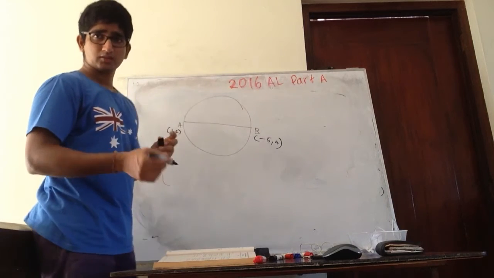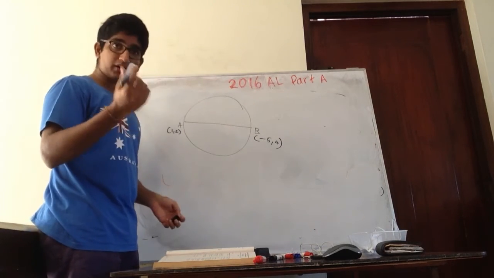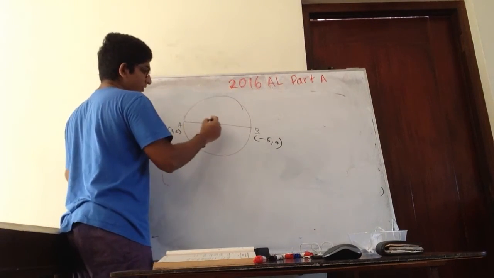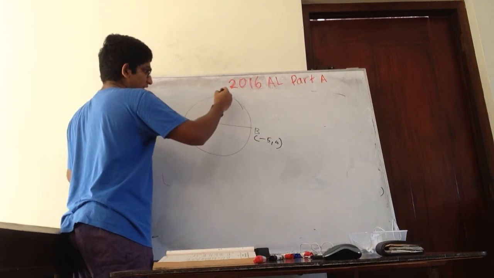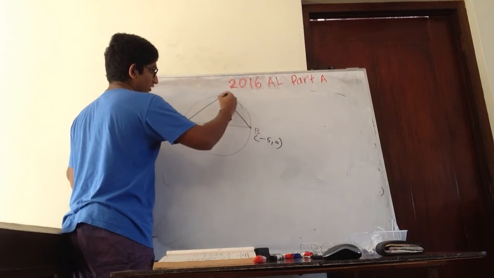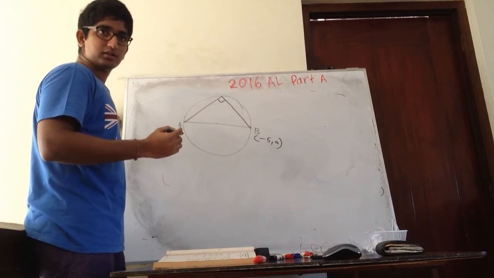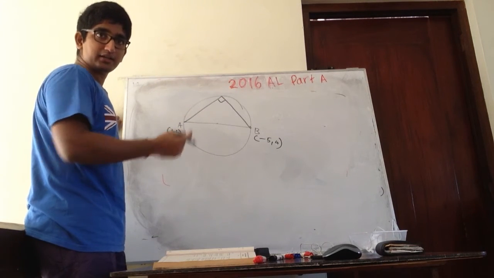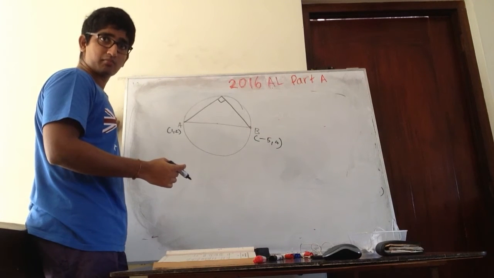right? So if I go in a very fundamental way, because this is the diameter, I know that if I take any point here, it will be square. It will be perpendicular, right?